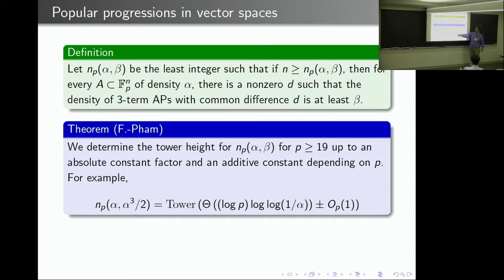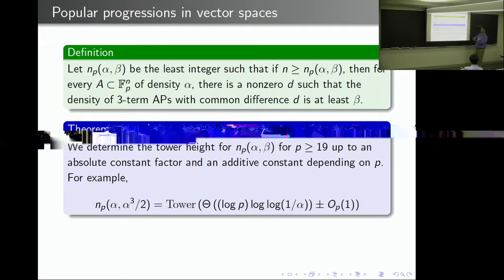And again, this exact bound is because we know the Capset problem well now. And so at each step, you get some density increment, which is much larger than what you get when beta is very close to alpha cubed. And that allows you to bring the tower height down.